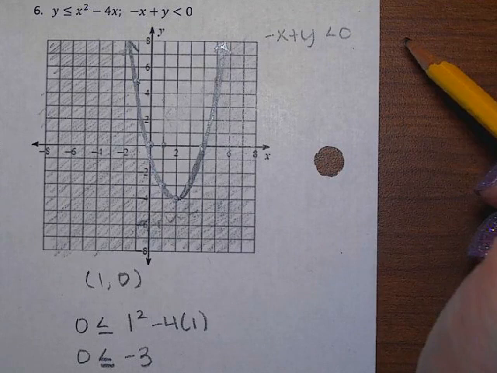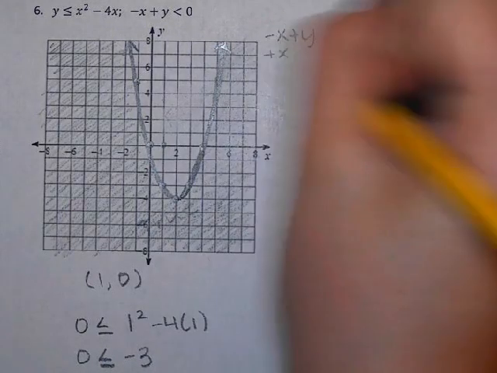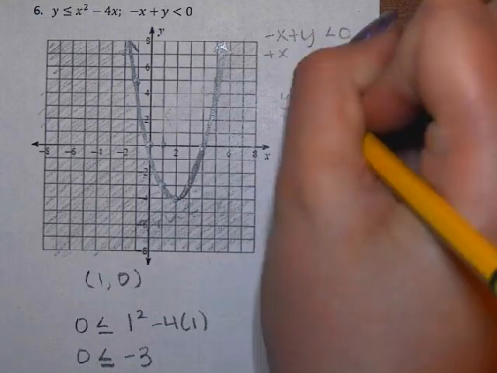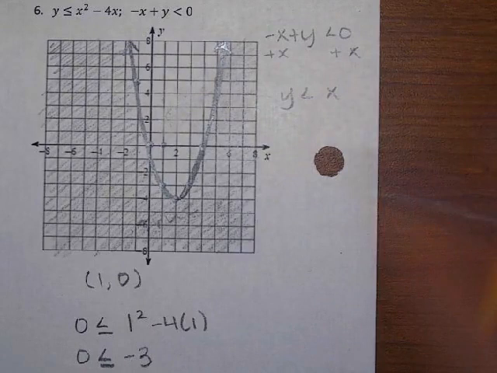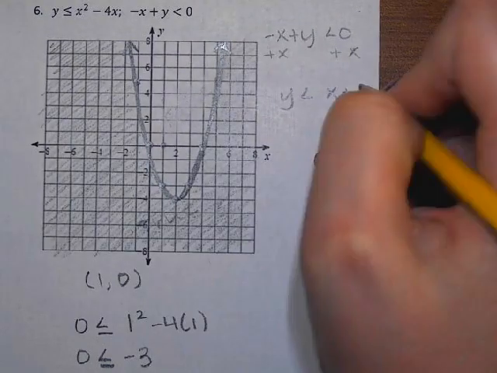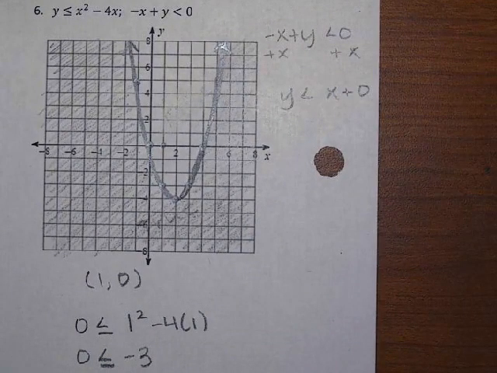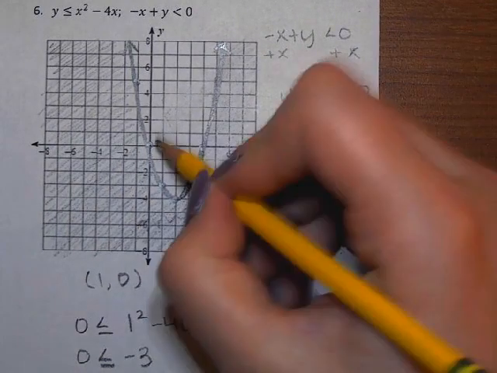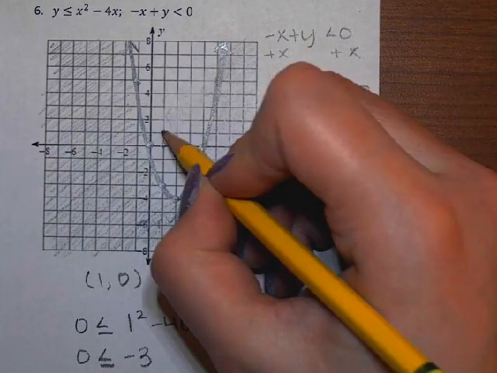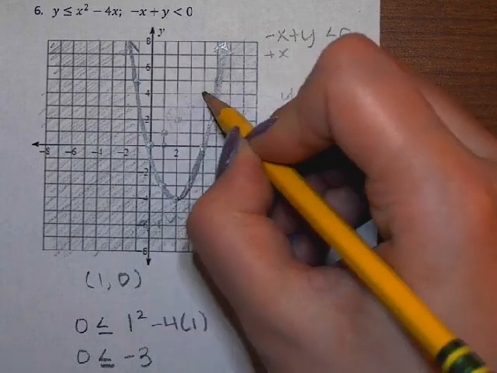What would we rather do? Add the x. So if we were to put a y-intercept on this one, it would be a plus 0 on the end. And then in the front, that would be a 1. So we start at 0 and go up 1, right 1, up 1, right 1.